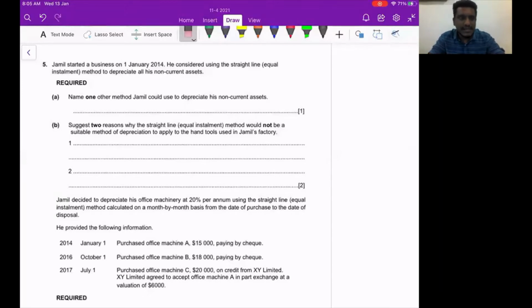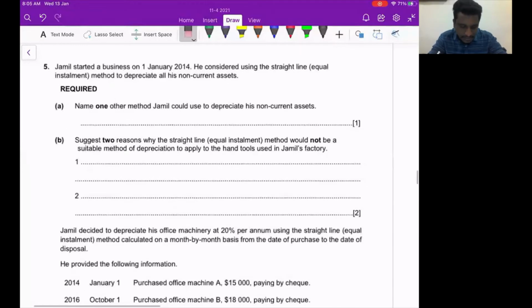Okay, this is question number 5. We read the question. Jamil started a business on the 1st January 2014. He considered using the straight line method to depreciate all his non-current assets. Required A: name one other method Jamil could use to depreciate his non-current assets.